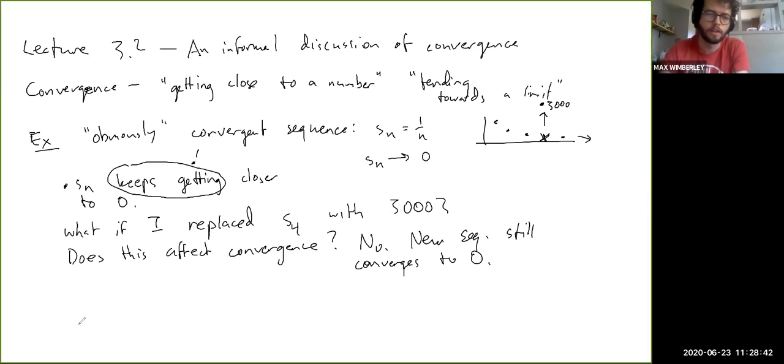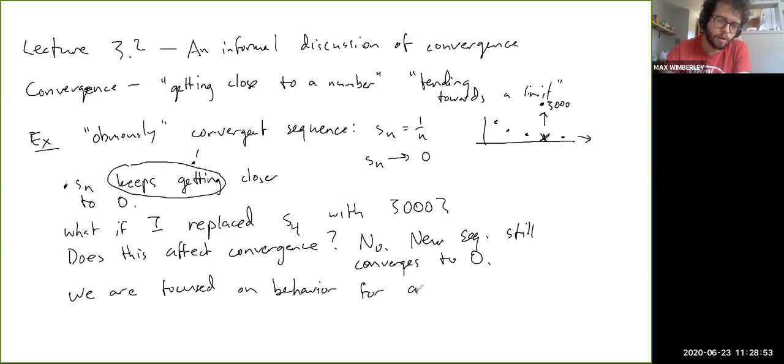So we are focused on the behavior for arbitrarily large n.